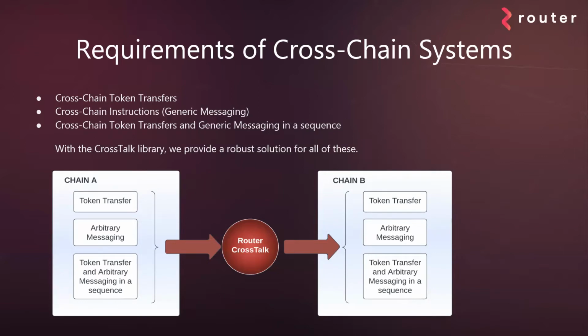And if you want to do both of these in a sequence, if you want to swap your tokens and then do something, that is the third requirement we have discovered. So with the crosstalk library, we provide a robust solution for all of these. You can transfer your tokens, you can transfer arbitrary messages, as well as do both of these in a sequence using the crosstalk library.